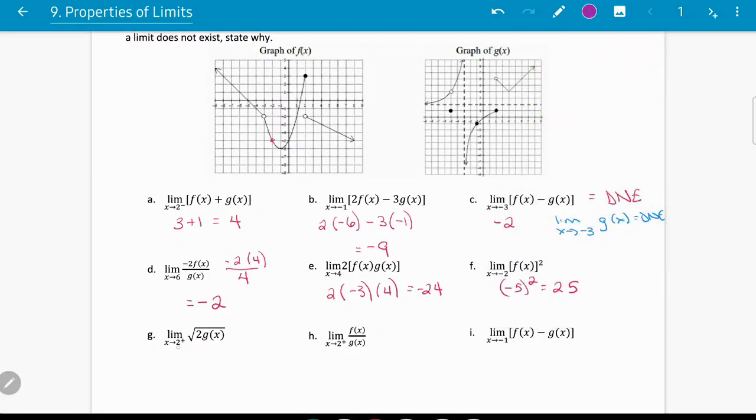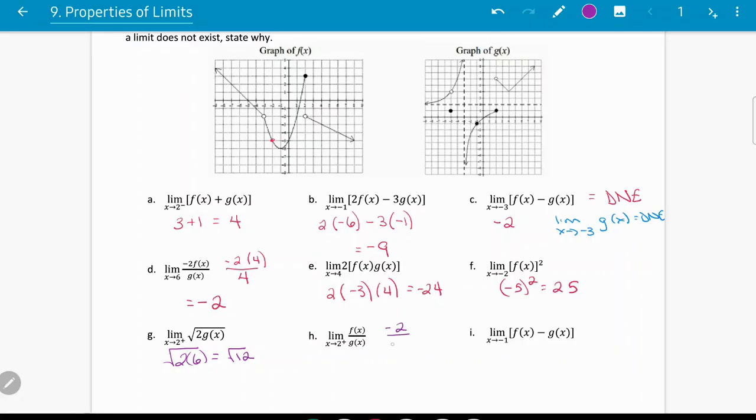All right, so we have the limit as x approaches 2 from the right of the square root of 2 times g of x, and so we have 2 times that limit, which is going to be 6. So we have 2 times 6, and so that's going to be the square root of 12. The limit as x approaches 2 from the right of f of x is going to be negative 2.